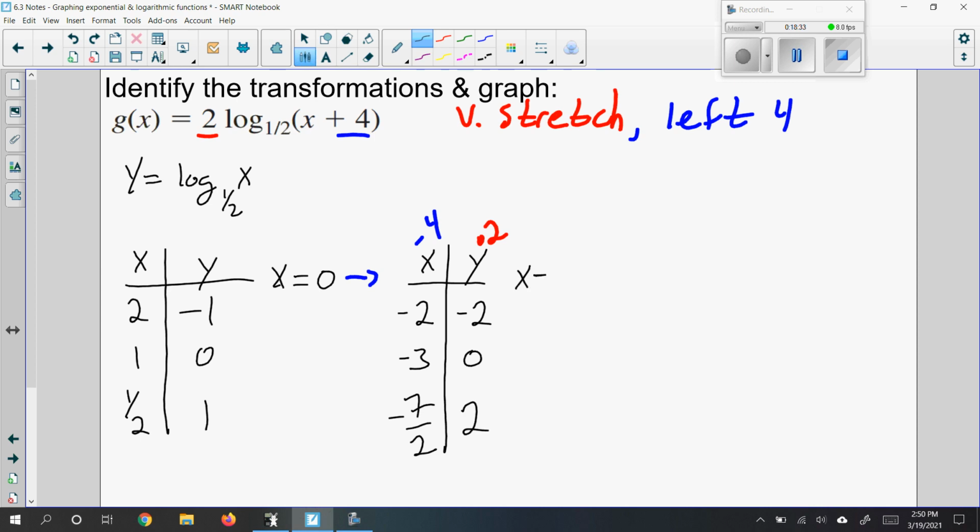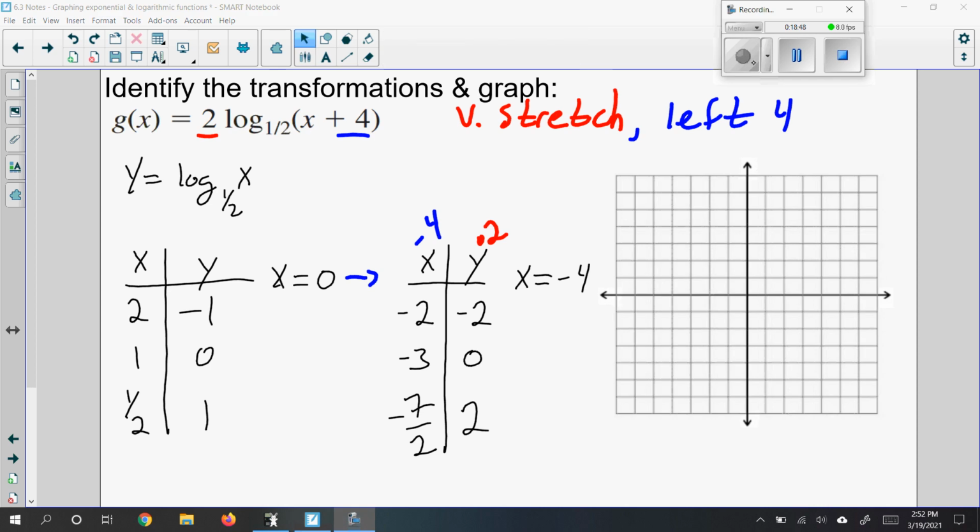Now our vertical asymptote is affected by transformations to the x values. So shifting this to the left 4 means our new vertical asymptote is x equals -4. So we'll start out by graphing our vertical asymptote, which is at x equals -4.